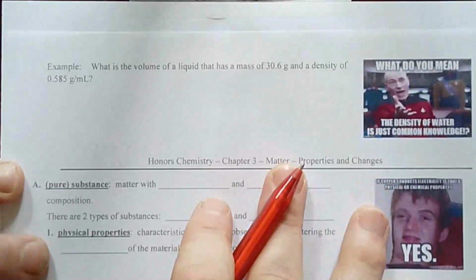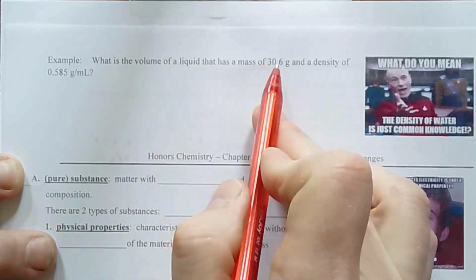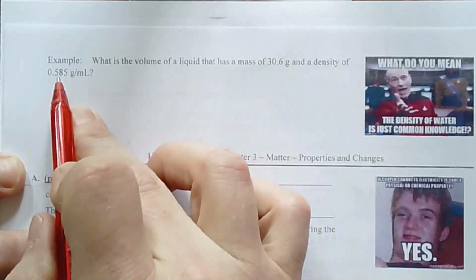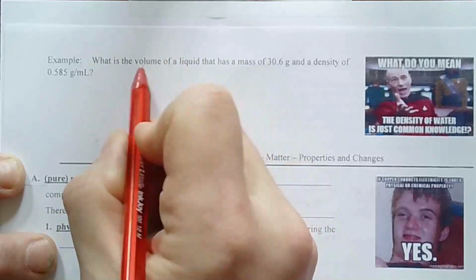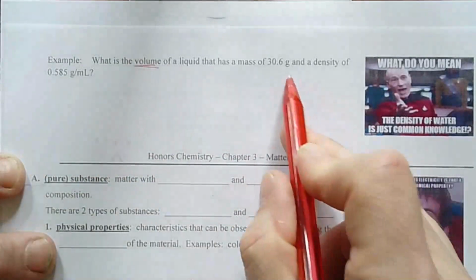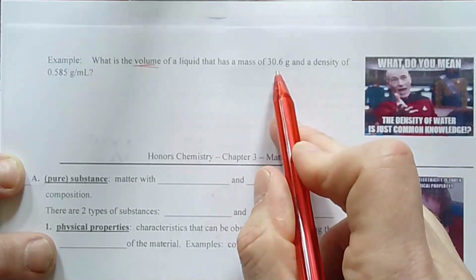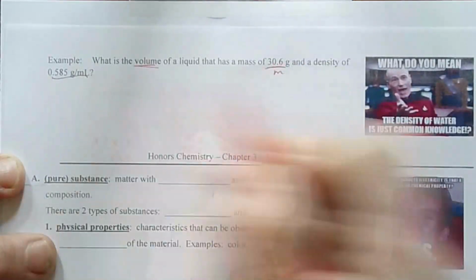Here's our second example. What's the volume of a liquid that has a mass of 30.6 grams and a density of 0.585 grams per milliliter? Remember, this time we're solving for volume. We want to figure out what volume this mass of this material would occupy. So we've got a mass and our density.